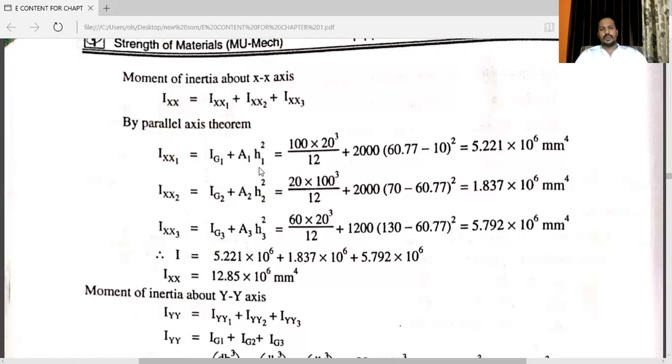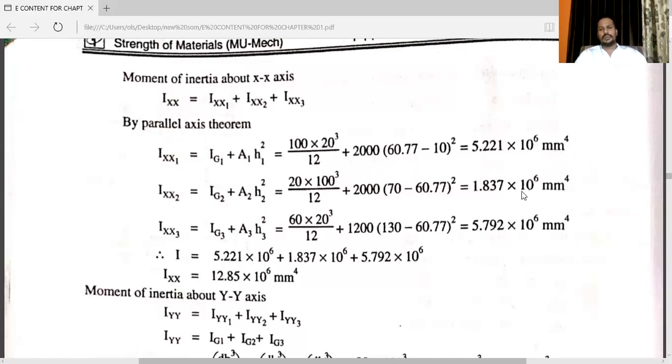So H1 is the difference between y bar and y1, or you can say the y distance of a particular diagram. So here you will get the answer for Ixx1, that is 5.22 into 10 raised to 6 mm raised to 4.